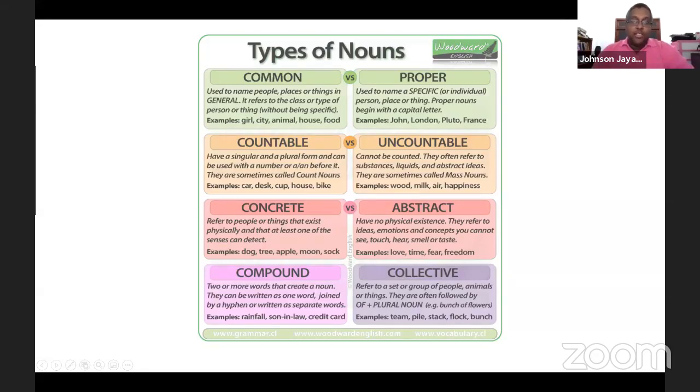That's the word you would use to call a group of fish. So that's what we mean by collective nouns. So these are the different types of nouns we have in the English language. Whenever you see these in a passage, or hear somebody mentioning this, you should be able to understand what these types of nouns are.